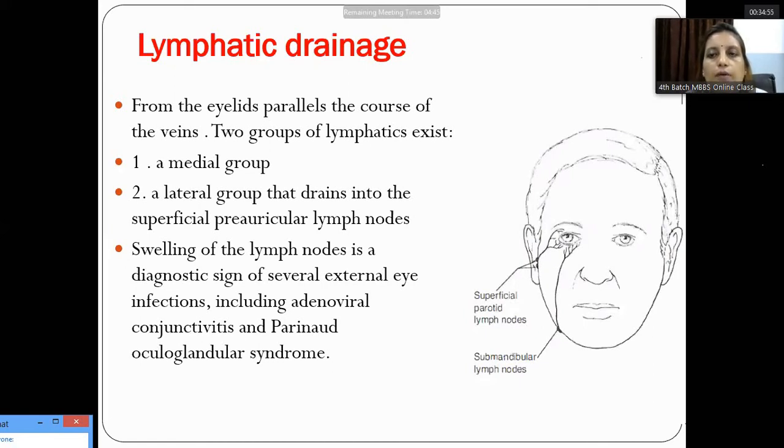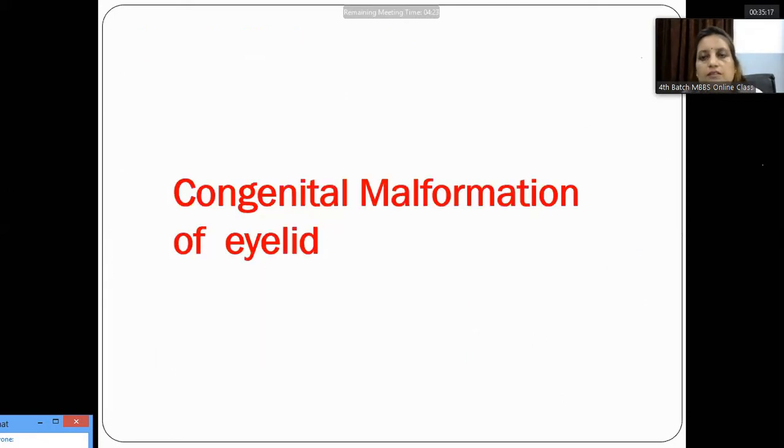A very common type of conjunctivitis in our clinical practice is adenoviral conjunctivitis. Many people say that a lump has come on either side of the ear. It is a lymph node enlargement, so you should check the lymph node in cases of conjunctivitis also.